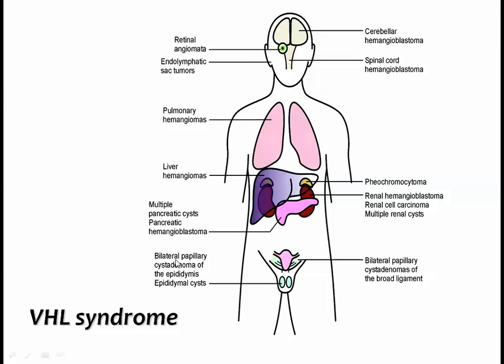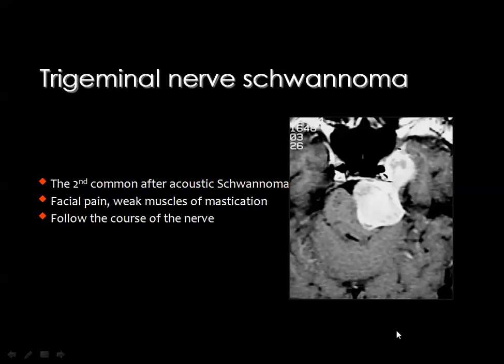And the final lesion in this group is the trigeminal schwannoma or neuroma, and this lesion occurs along the course of the trigeminal nerve.